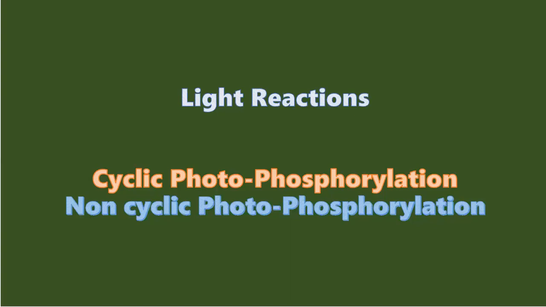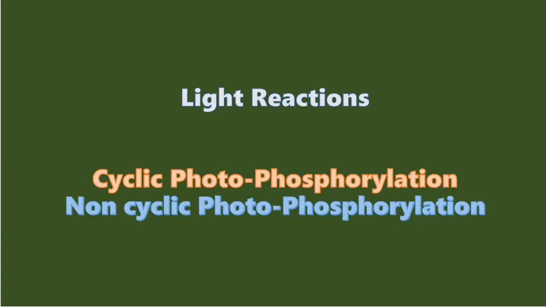What happens in the dark reactions? In the dark reactions, when the plants absorb carbon dioxide from their surroundings, this carbon dioxide is reduced or fixed with the help of some chemical reactions.